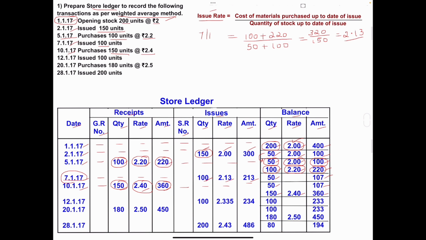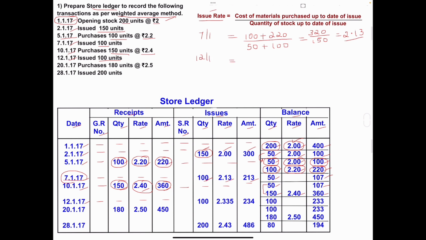Next is on 12th January. Issued 100 units. 12th January, receipts column nil. 100 units we have to issue. Before that, see the balance. In total we have 200 units, two different quantities. We have to calculate the issue rate. Write the date, 12th January.